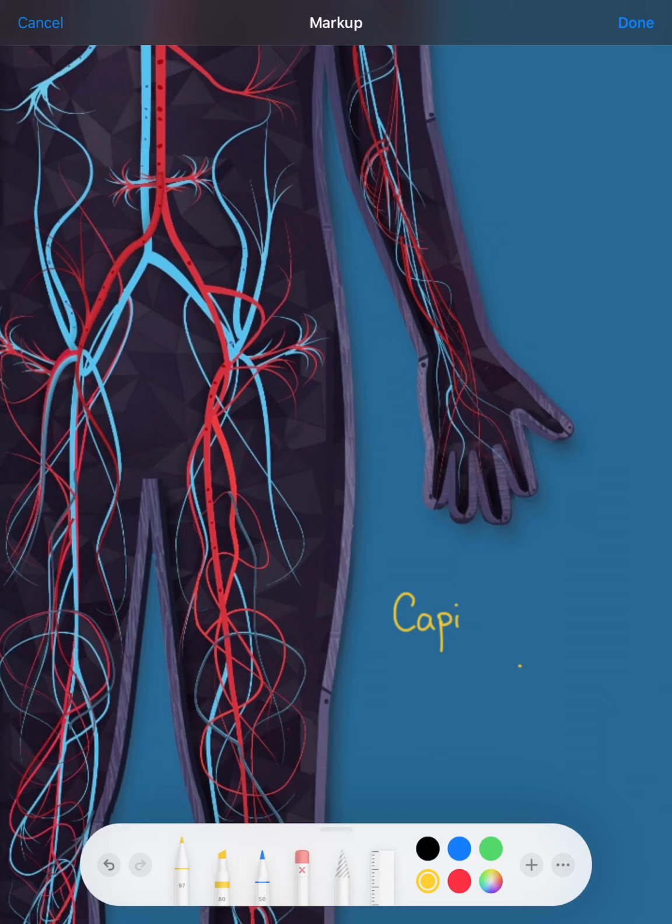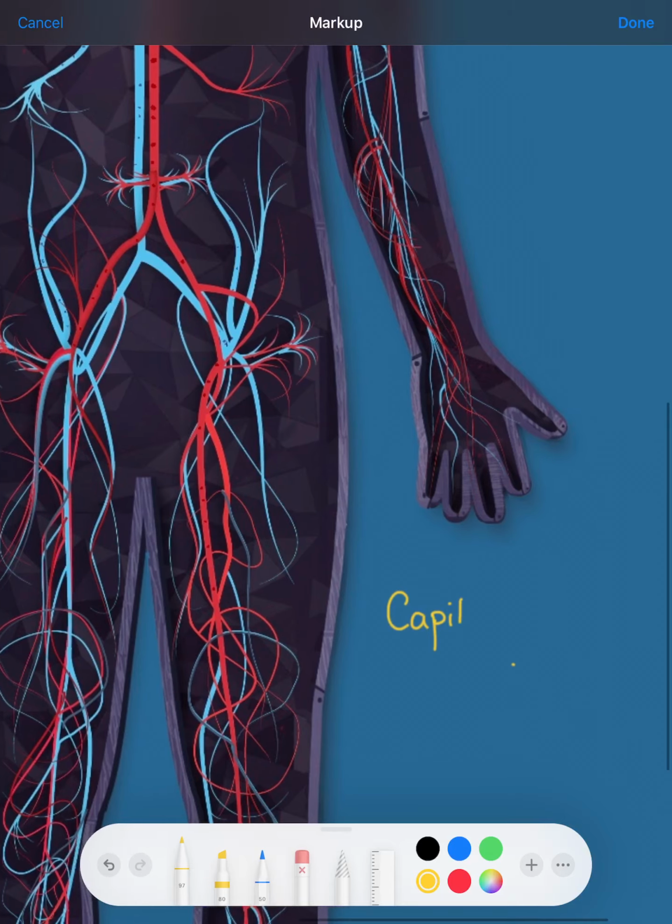So inside we have the capillaries, and those are tiny, very small tubes like veins or arteries.